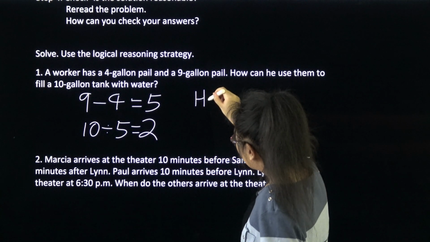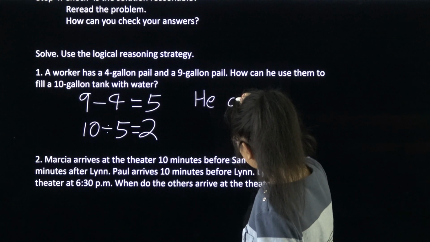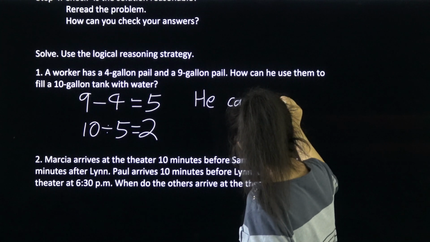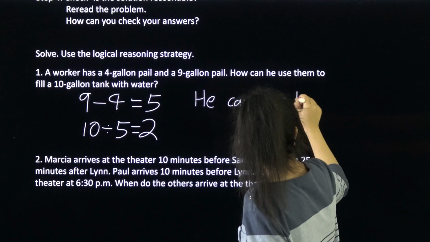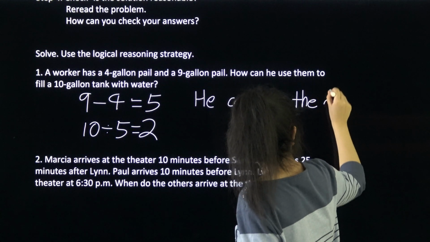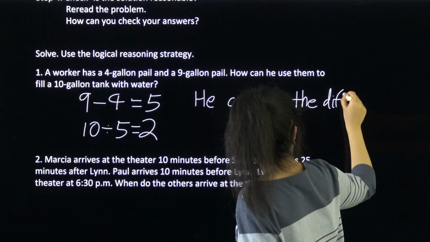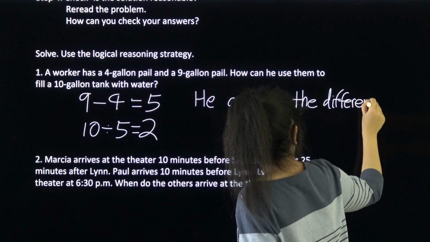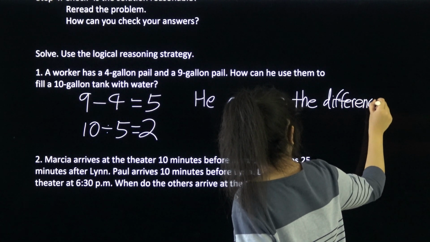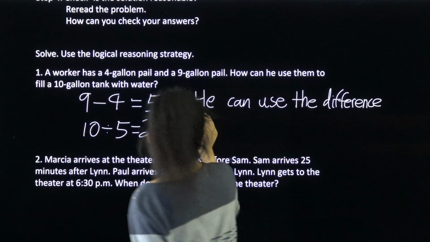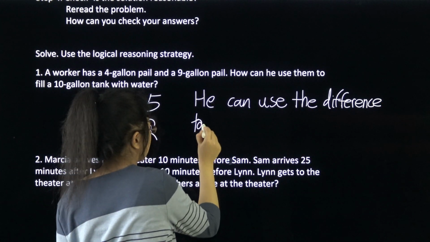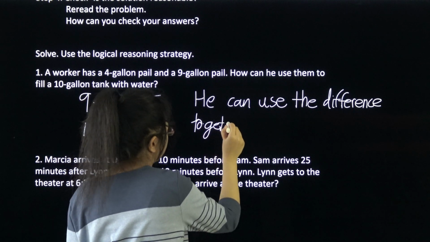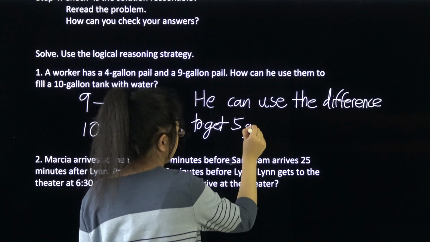He can use the difference to get 5 gallons.